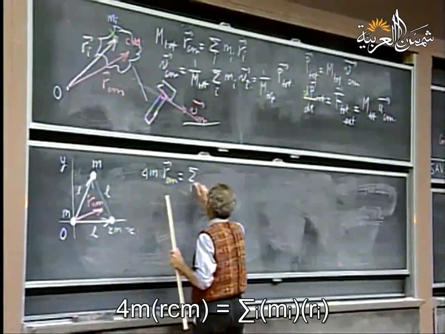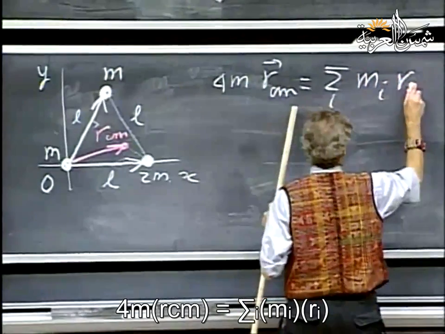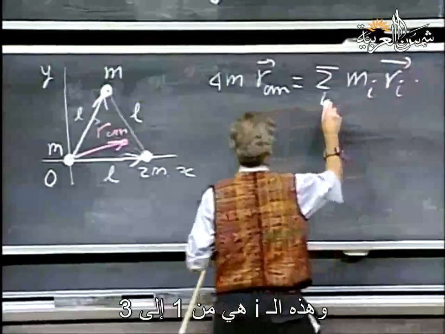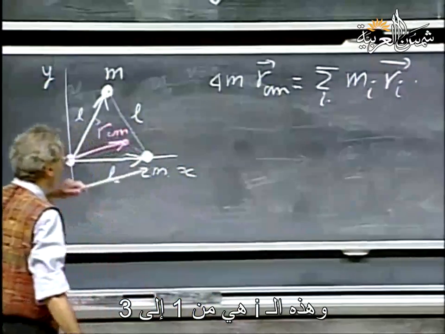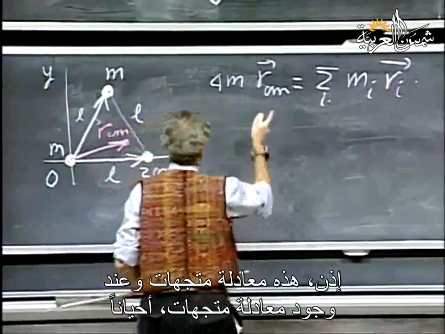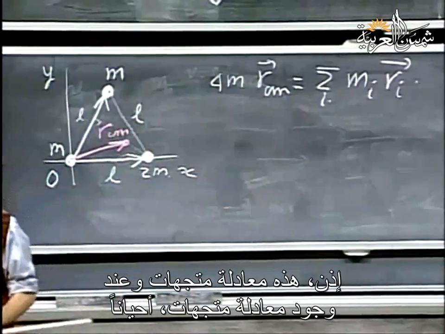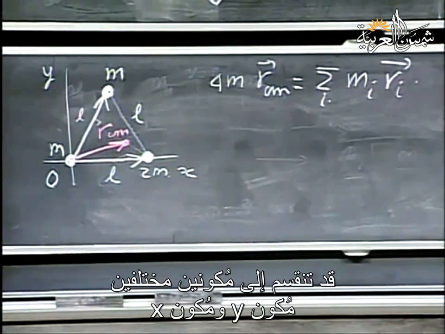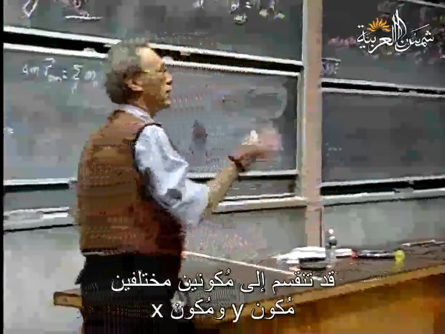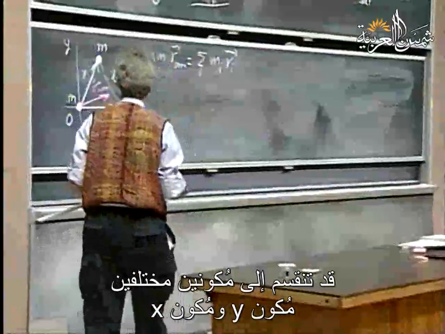So it is the sum over i of m_i times r_i, and this i goes from 1 to 3. Now, this is a vectorial equation, and whenever we have a vectorial equation, it sometimes pays off to split it into 2 components, a y and an x component.